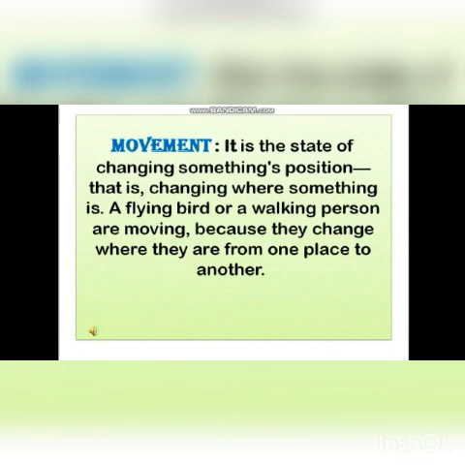The last life process is movement. What do you mean by movement, students? Movement is a state of changing something's position. That is, changing where something is, like a flying bird or a walking person are moving, because they change where they are from one place to another.